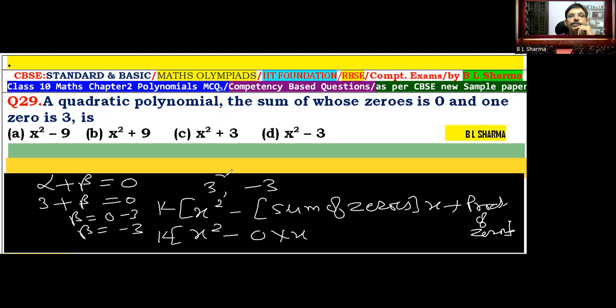And now product of zeros, 3 into -3, that is -9. So the answer is x square minus 9. In place of k, you can take 1. So A will be the correct option. ये x square minus 9 ऐसा क्वाड्रेटिक पॉलिनोमियल है जिसका सम ऑफ जीरो तो 0 है, लेकिन प्रोडक्ट ऑफ जीरो दैट इज -9. सो A is the correct option.